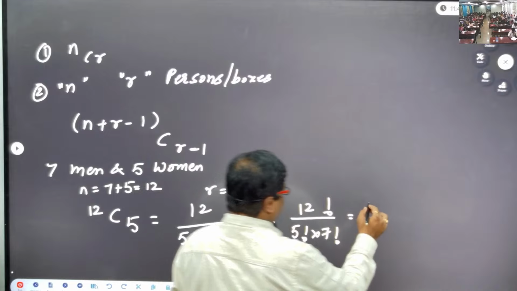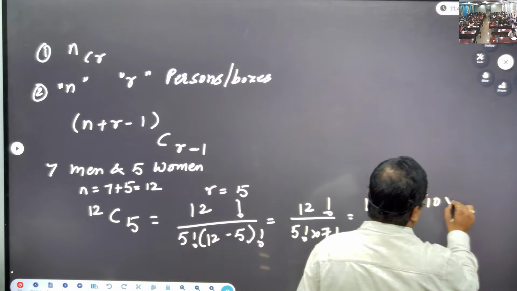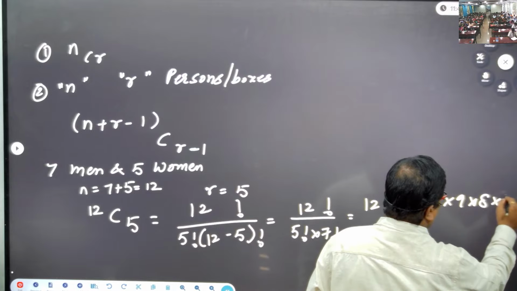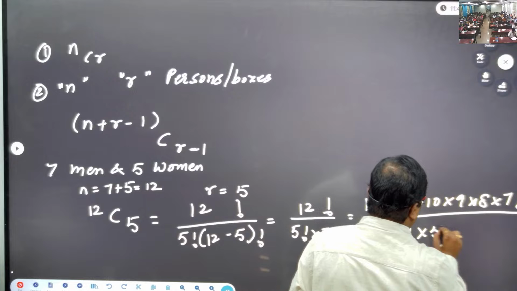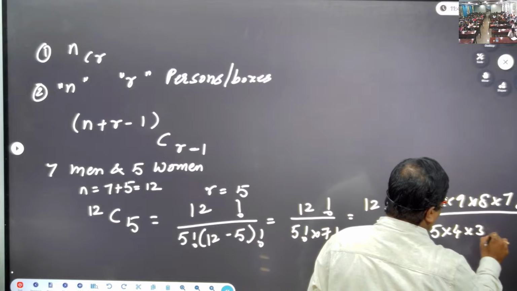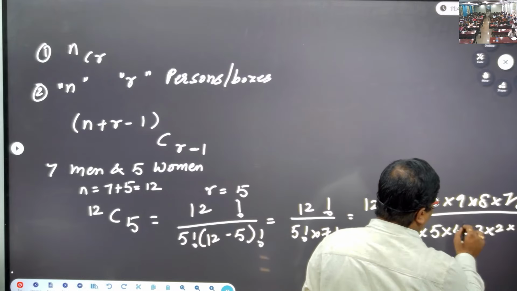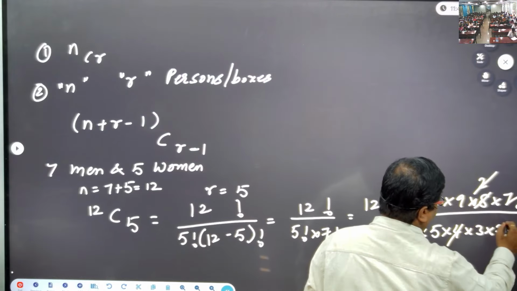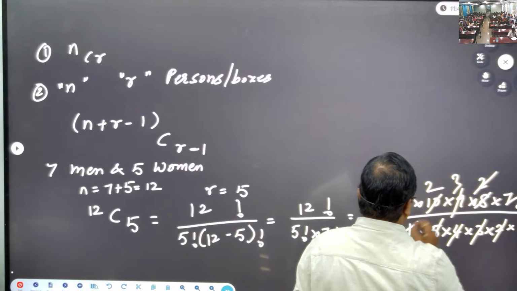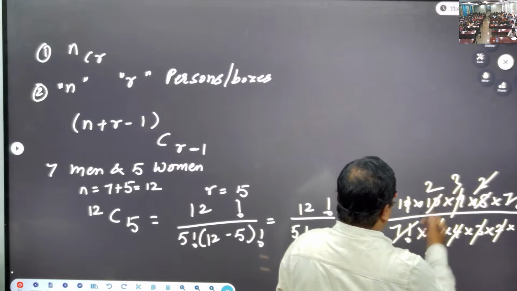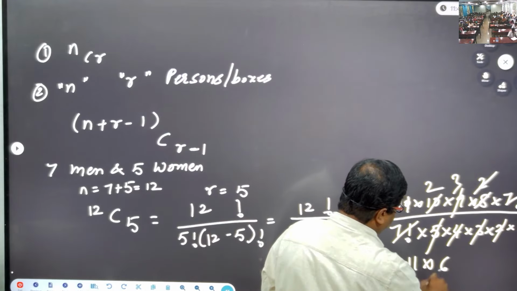So which is equal to 12 into 11 into 10 into 9 into 8 into 7 factorial over 7 factorial into 5 into 4 into 3 into 2 into 1. 7 factorial cancels, 5 and 2 cancel, 4 into 2 gives 2, 3 cancels with 3. This one is 2. So that is 12 into 11 into 6 we are having.